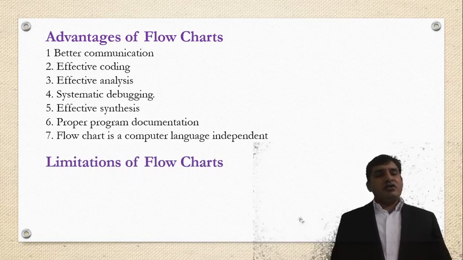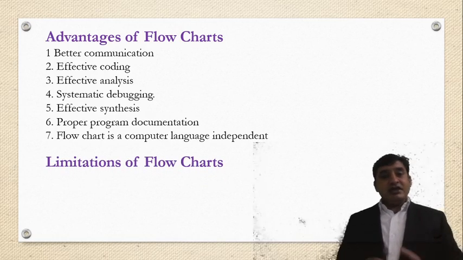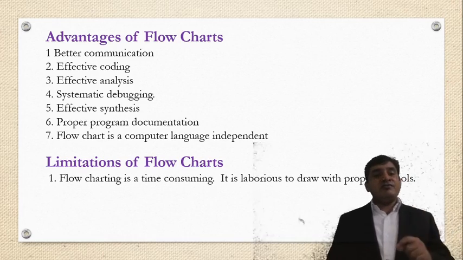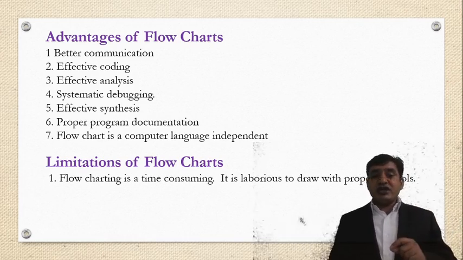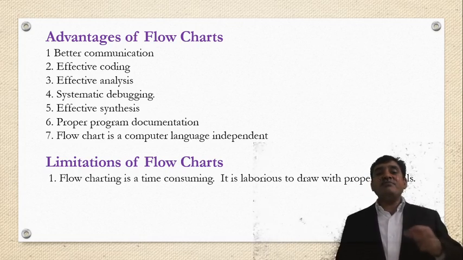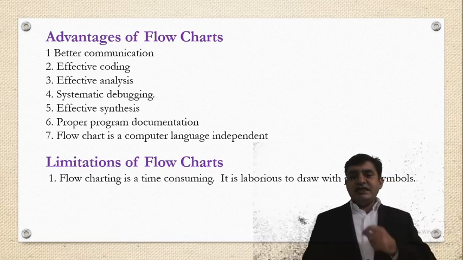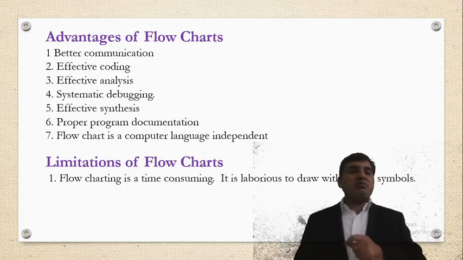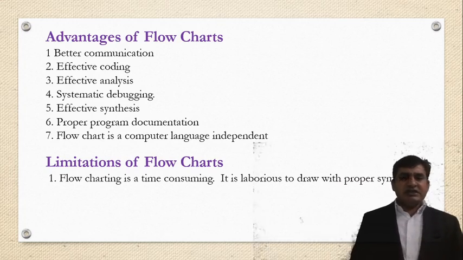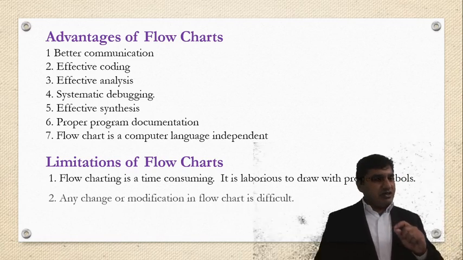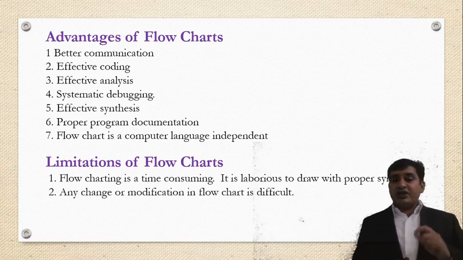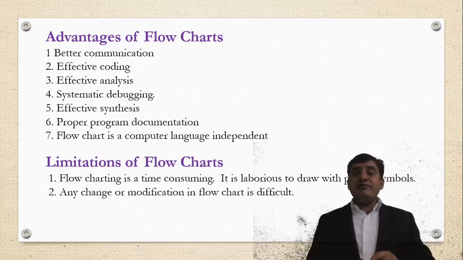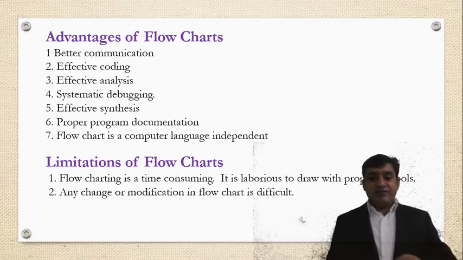Okay, now we have to see the limitations of a flowchart. First limitation, flowcharting is time consuming. It is laborious to draw with proper symbols. Next limitation is that any change or modification in a flowchart is difficult.